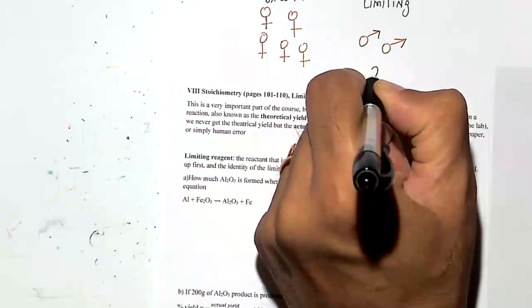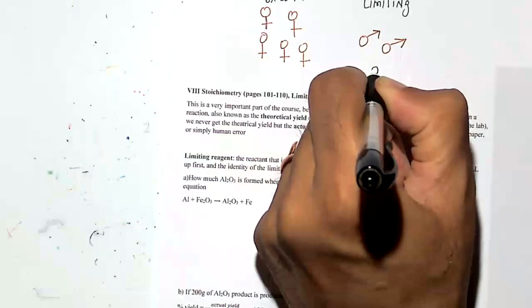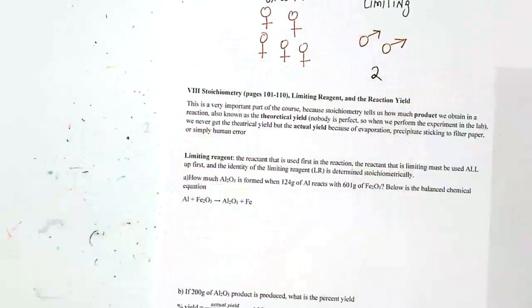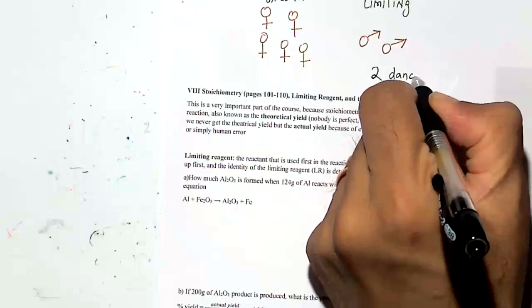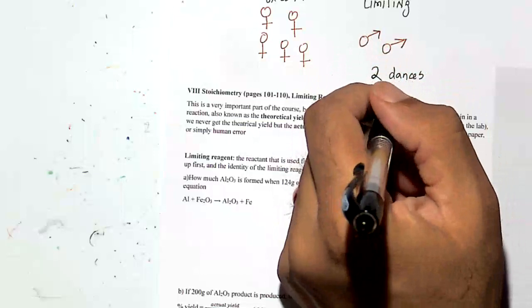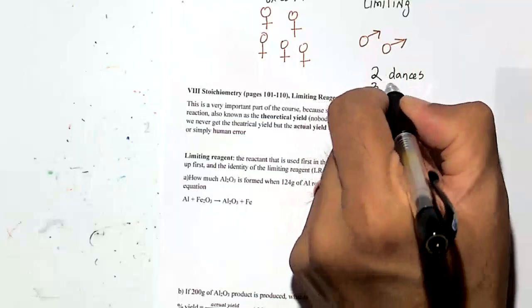For each male, there can only be 1 female. Nothing strange, just 1 man, 1 woman dance. How many dances can you have? 2. How many females are left over?